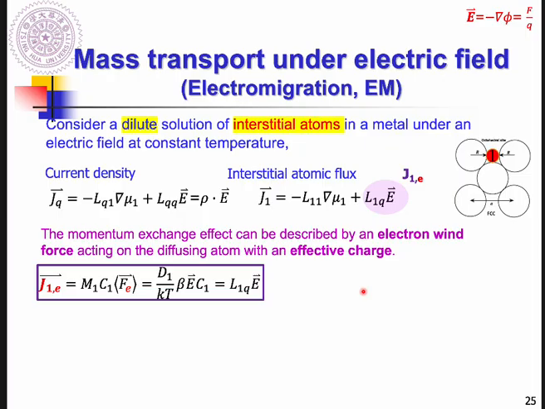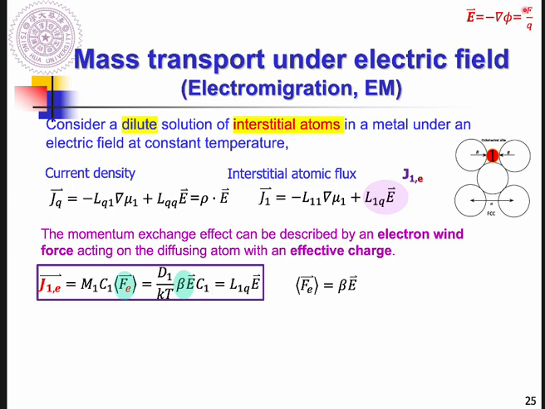If you have no idea at this moment, you can simply write down the atomic flux induced by the electrical field as a mobility, concentration, and driving force. And this driving force is related to the electrical field, right? So mobility can be rewritten as the diffusivity divided by kT. And concentration I write here. And the driving force acting on these interstitials, we write that as beta E.